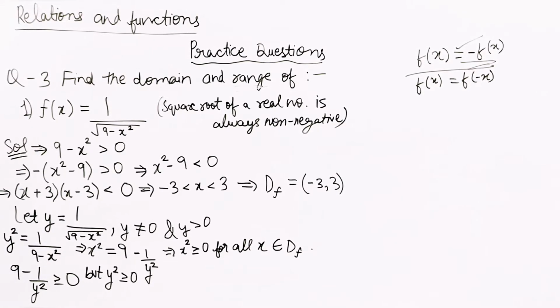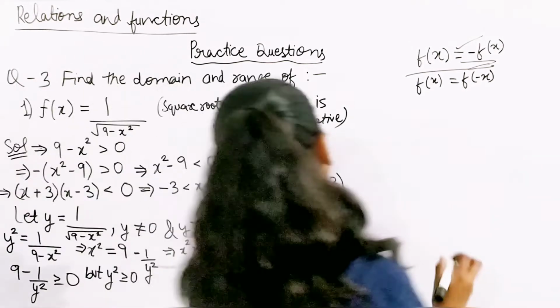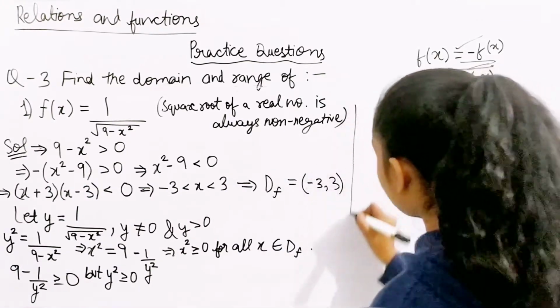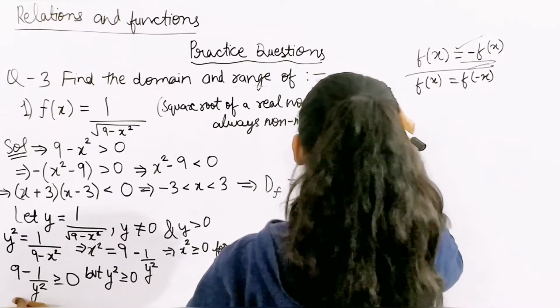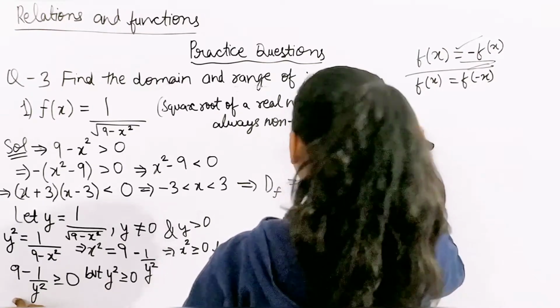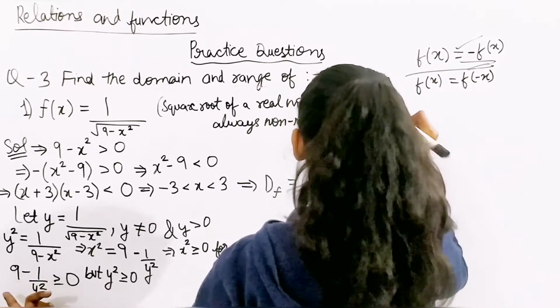So as we know, we have just found out everything, and now what I'm going to write is going to be really clear to you. Let me write it right here. So what I'm going to write is y squared, 9 minus 1.